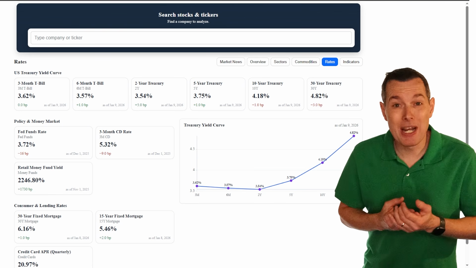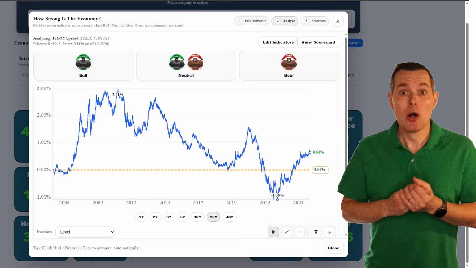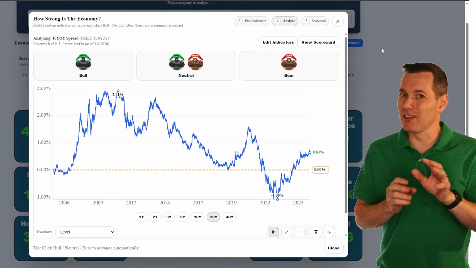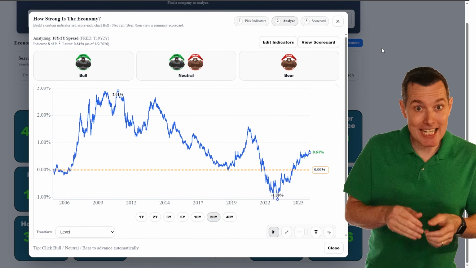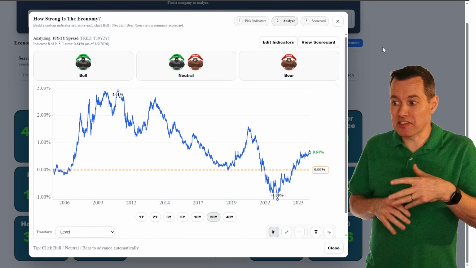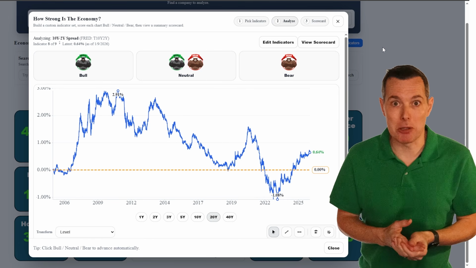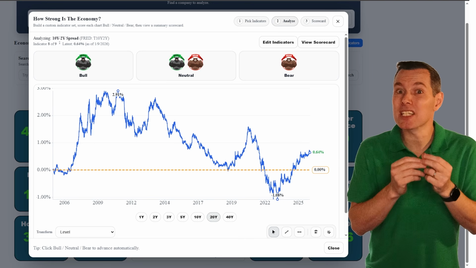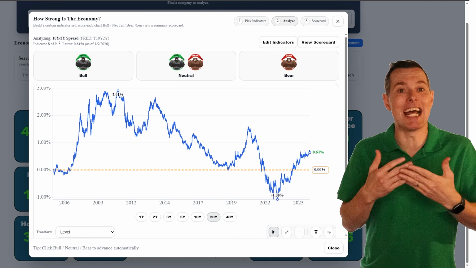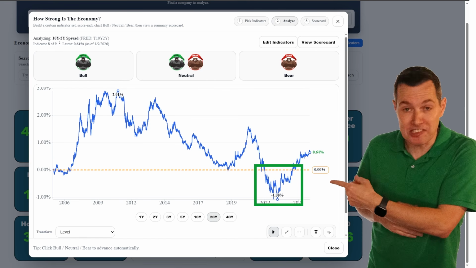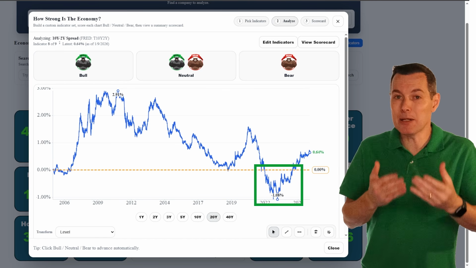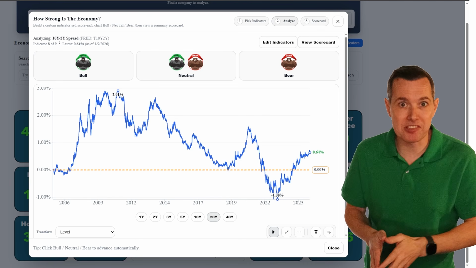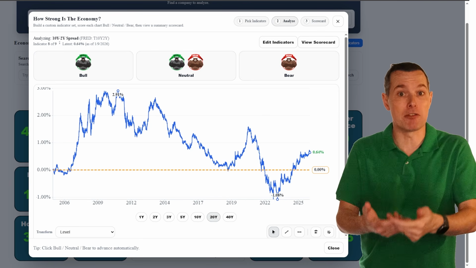So now when we jump back to our chart, well, this is where it gets a little bit tricky. Technically, right now, this is a positive thing for the broader economy because the number is above 0. But historically speaking, when the yield curve goes negative, when the number's below 0, like we see in this chart, typically within 12 to 18 months is when you generally see a recession.